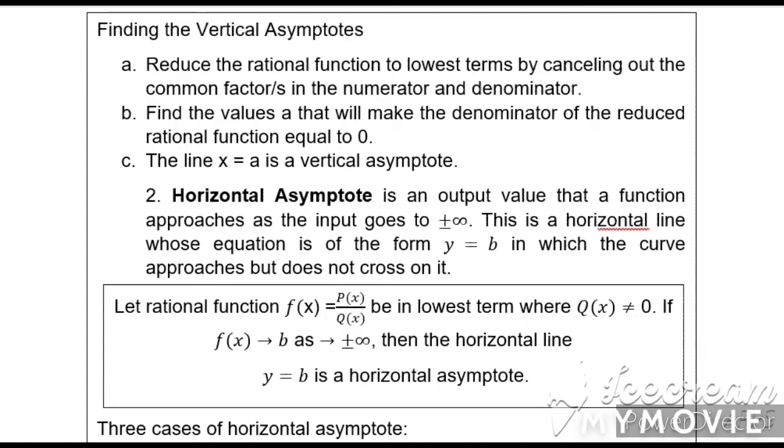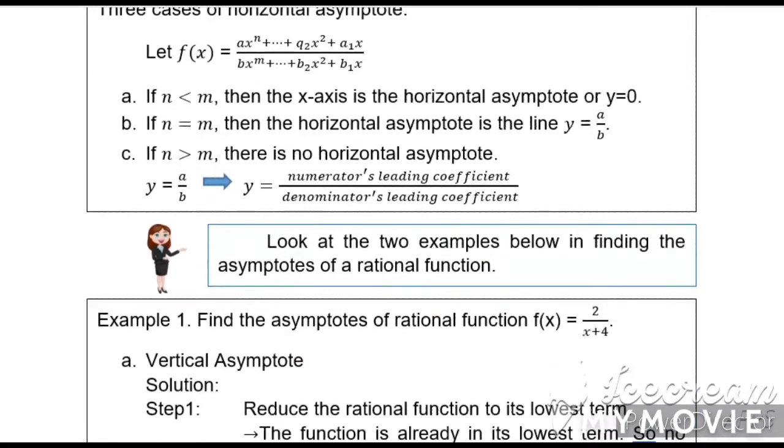Three cases for horizontal asymptote. Let f of x equal the given polynomial functions or the rational function. If n is less than m, or the exponent of the numerator is less than the highest degree of the denominator, then the x-axis is the horizontal asymptote, or y equals 0.